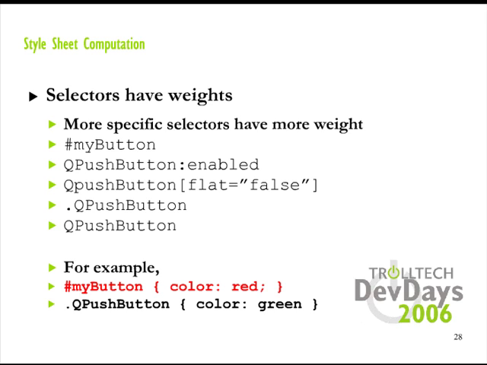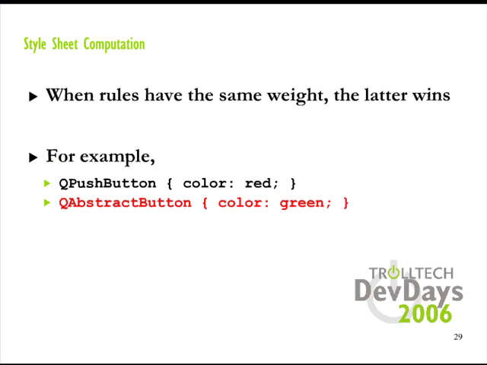So it is more specific than something which has a pseudo state, like saying enabled. It is more specific than something which tests for an attribute, and it is more specific than a simple element name. For example, let's say we have the style sheet below. We say #myButton, color is red, .QPushButton, color is green. So the effective color is the first one because it is more specific.